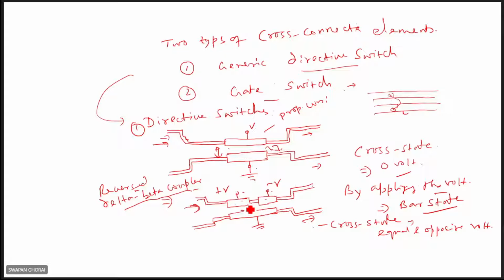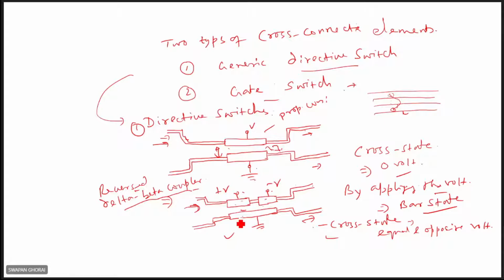But if you apply opposite voltages, it will be in the cross state. So the cross state and the bar state can be obtained using the delta beta coupler and the voltage applied. That is another switch of cross-connect elements.